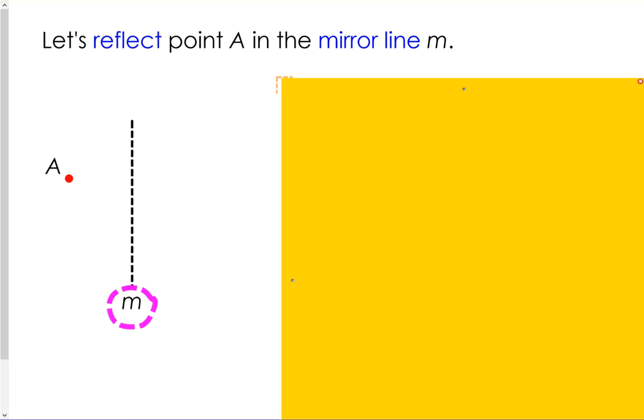To do this, we can first draw a line perpendicular to M through A. Measure the distance from A to the mirror line M. Mark A prime the same distance away from the mirror line. The point A prime is the mirror image of point A. Mathematicians say that point A prime is the image of A under reflection.